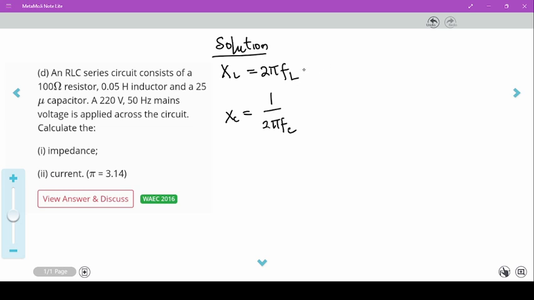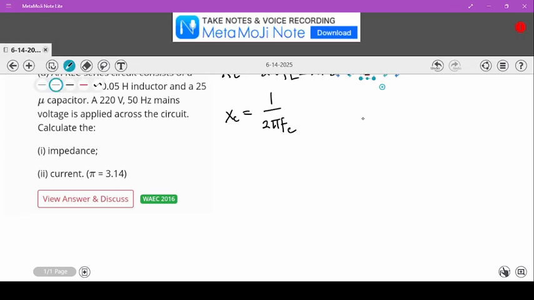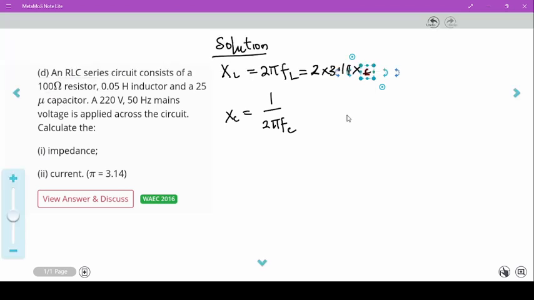Now, let's hit at it. So 2 times 3.14 times our frequency here, which is 50 hertz. Permit me, my writing is somewhat bad. It's been a while since I did this.